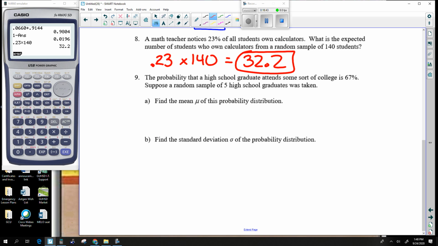And last but not least is this problem where we're asked to find mu and sigma.